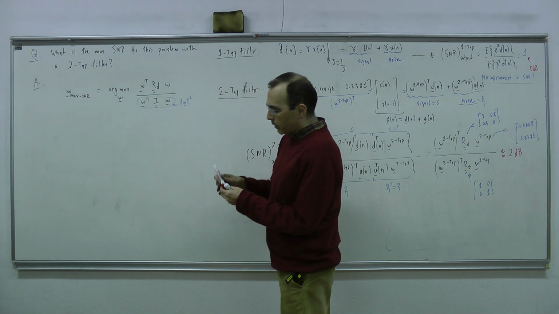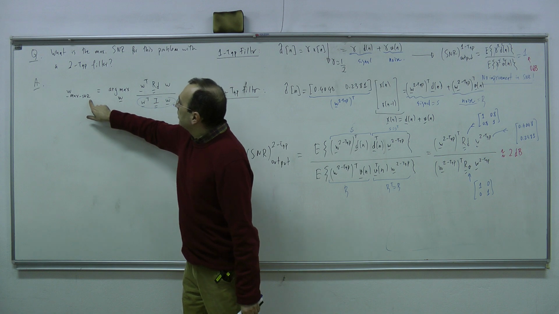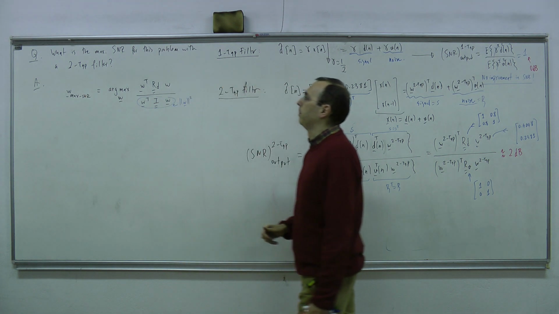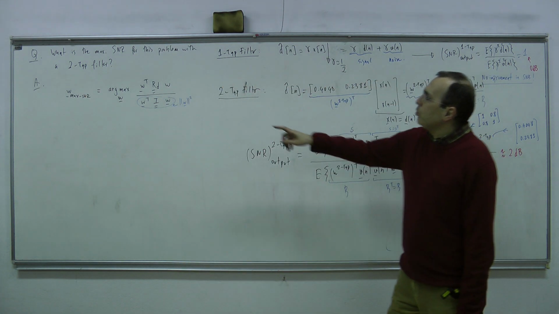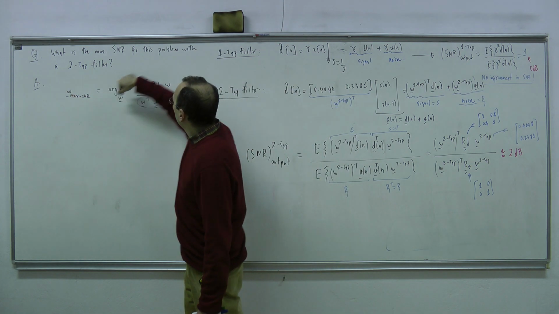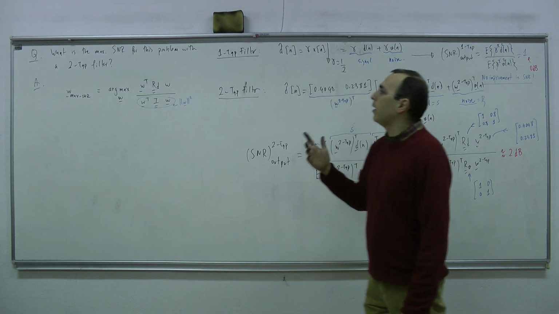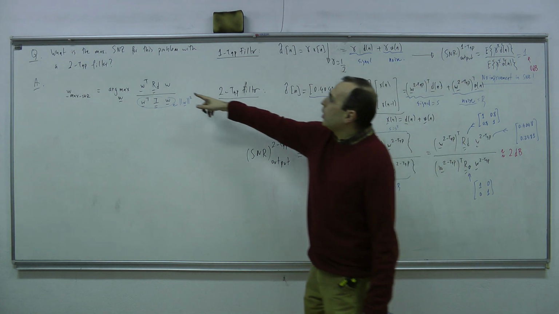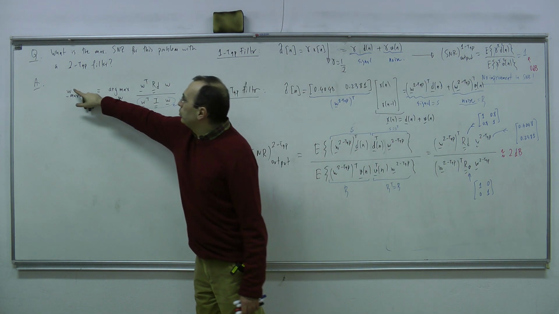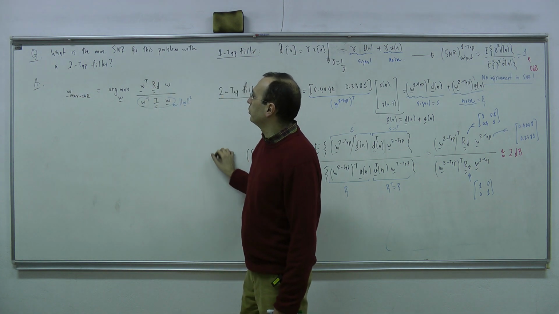Assume that there is an optimal W, this W max SNR, a vector that is known. Then you insert that vector in this, and you get a value, let's say, 5. Then the output SNR will be 5. You include this W vector over here.